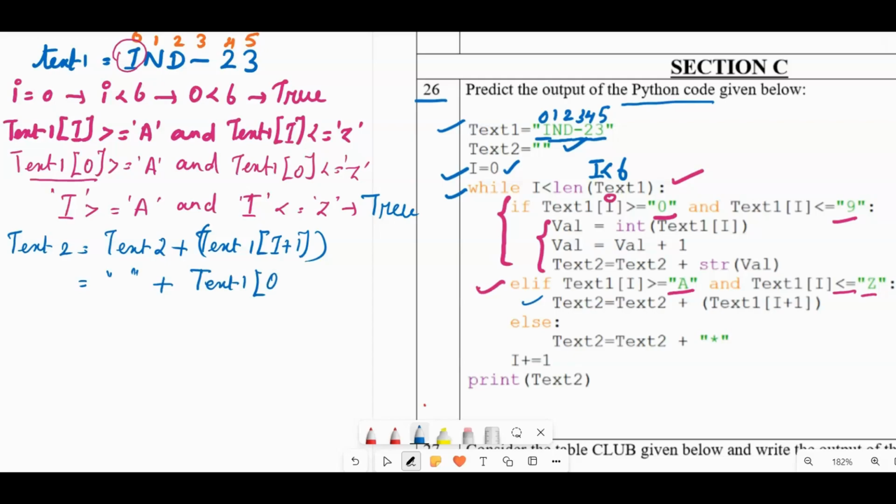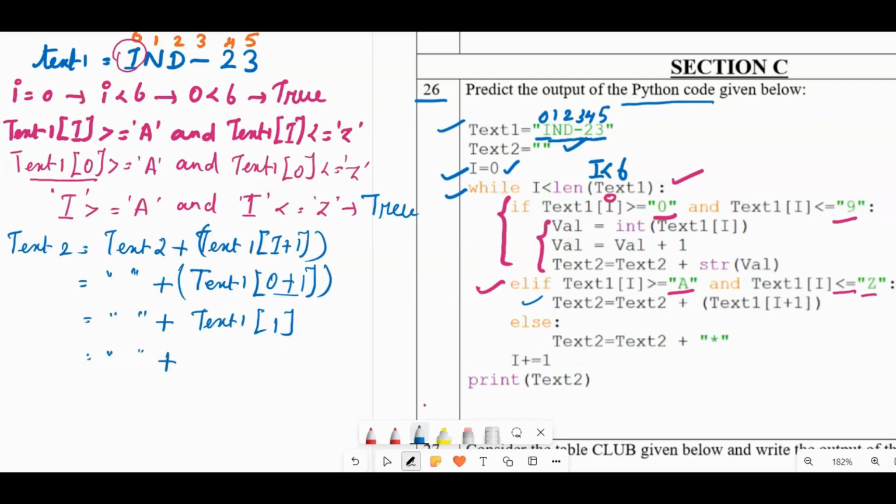In the initial iteration I value is 0. So I am writing 0 plus 1 here. After that we are adding these two terms. That means text 1 of 0 plus 1, which is 1. Then the empty string is followed by text 1 of 1.